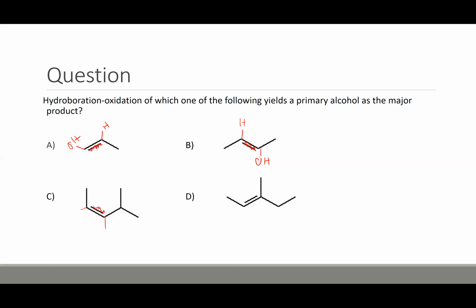But again, they're equivalent in their positioning, in that this would form a secondary carbocation, and this would also form a secondary carbocation. Here we would ultimately end up with our OH here and our hydrogen here.